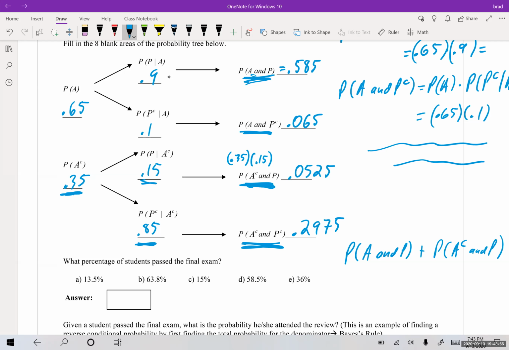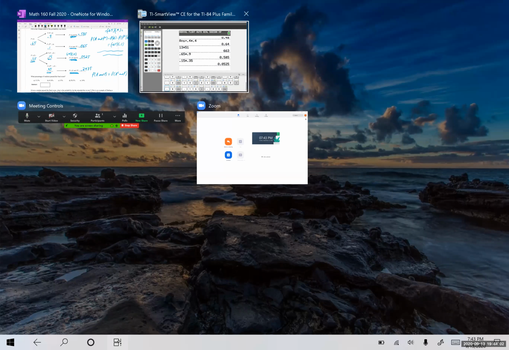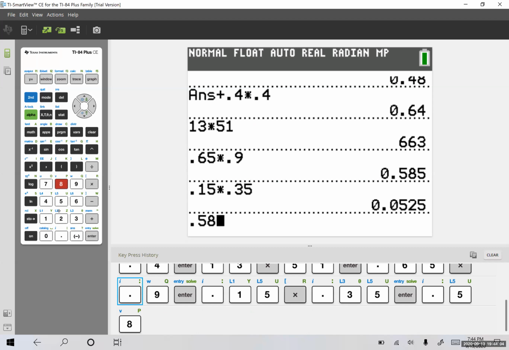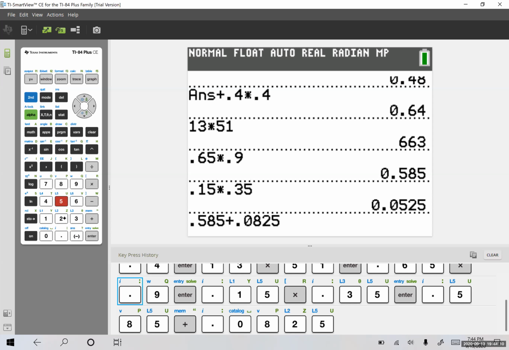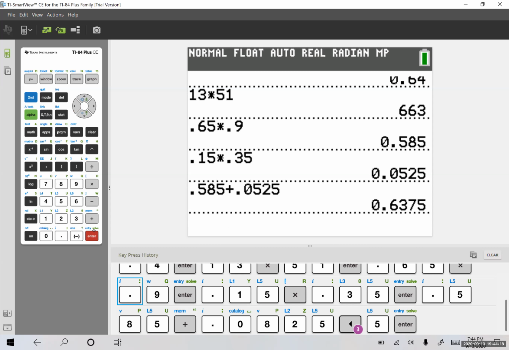So we have 0.585 plus 0.0525. I think it was 525. I hope that's right. So I get 0.6375.